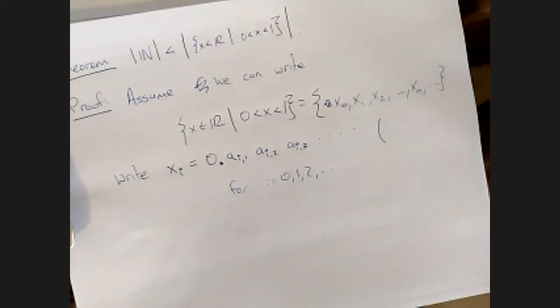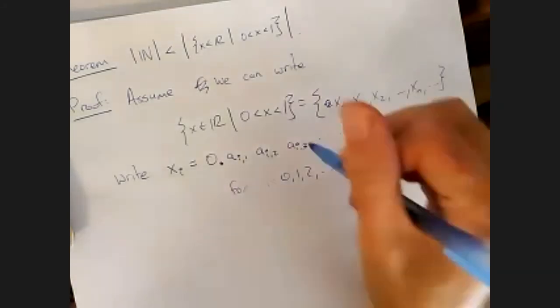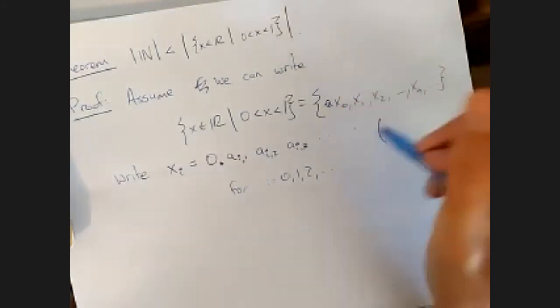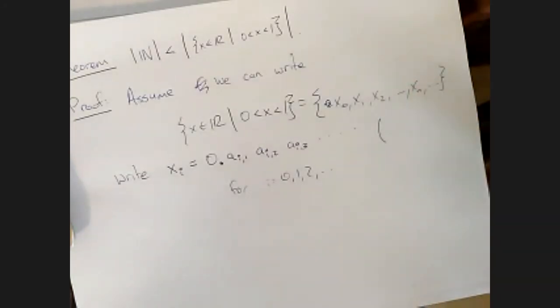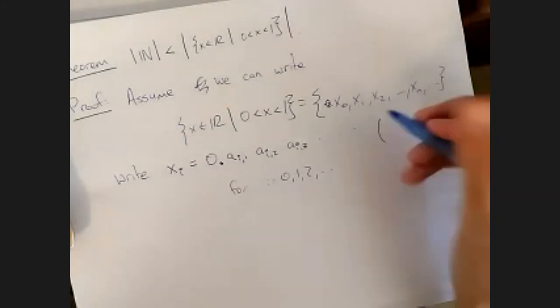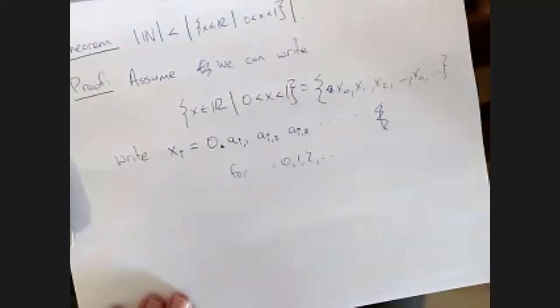We're just going to assume that. If something is eventually going to be all 9s, we're going to change it around so that it ends in all 0s.